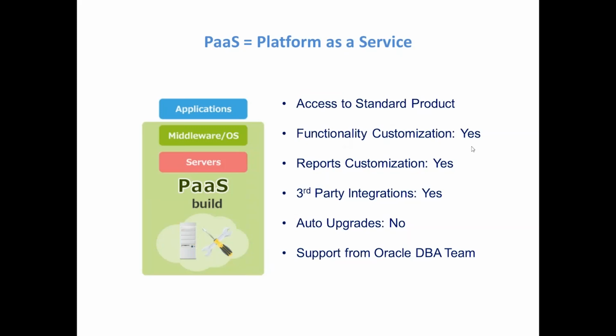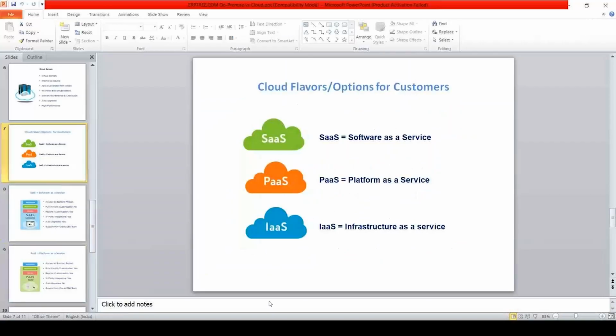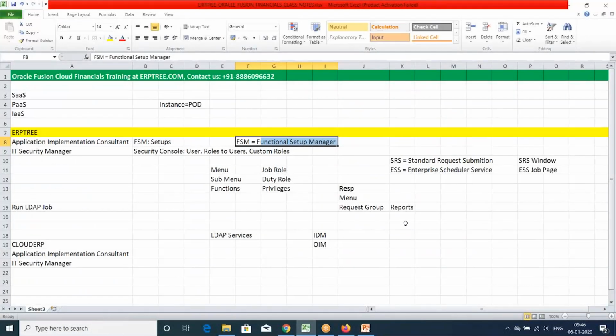Fine. So any other questions? Lakshman, for example, let's talk on order management. Basically, in order management, in case of multi-org, when we go for searching for a customer, it shows all the customers regardless of the OU. Suppose I want to show specific OU customers only.